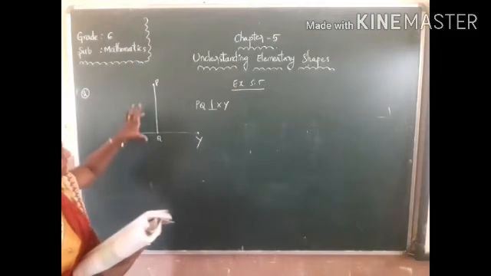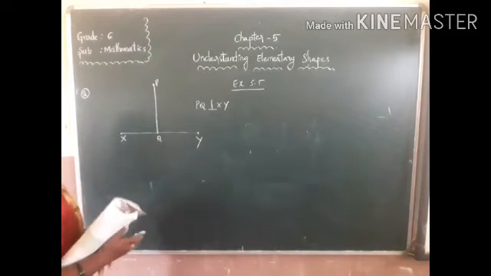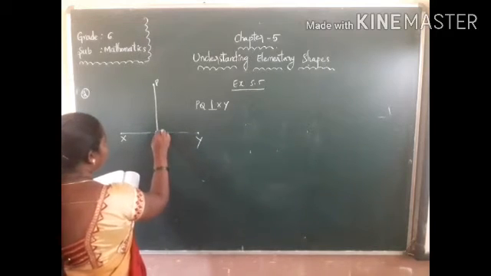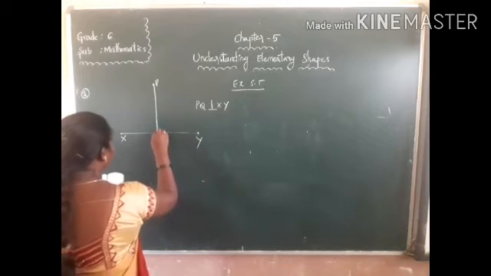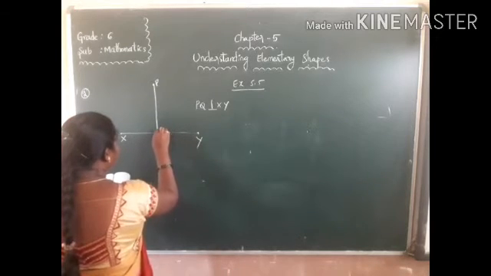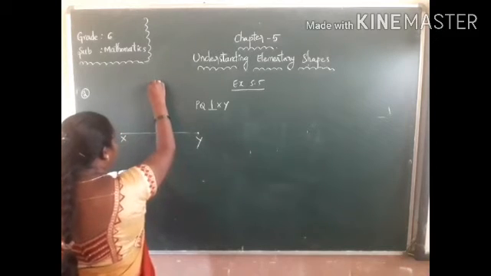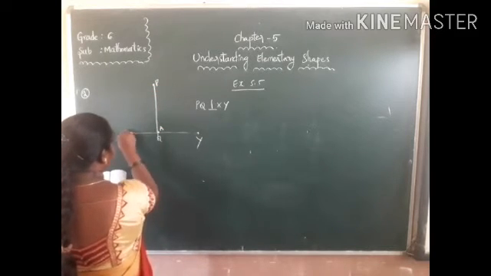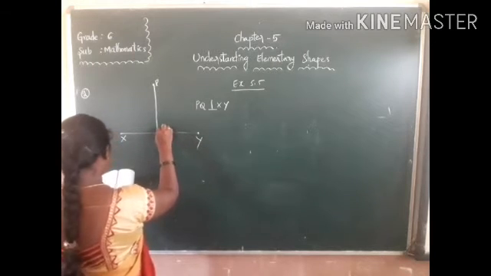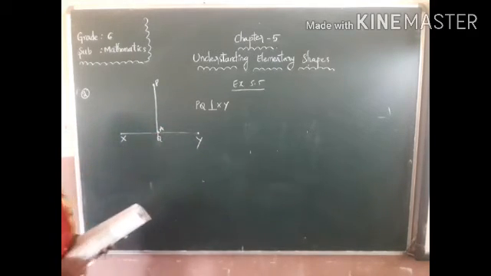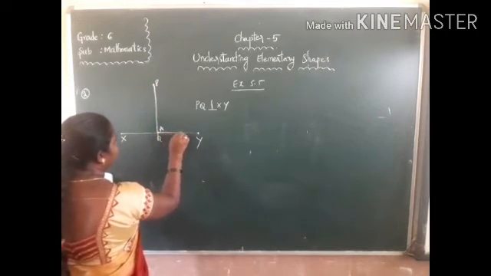Let PQ and XY intersect in the point A. So both are intersecting at point A. Here this PQ line segment and this XY line segment both intersect at point A. What is the measure of angle PAY?